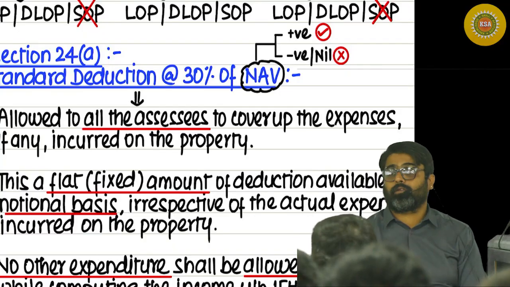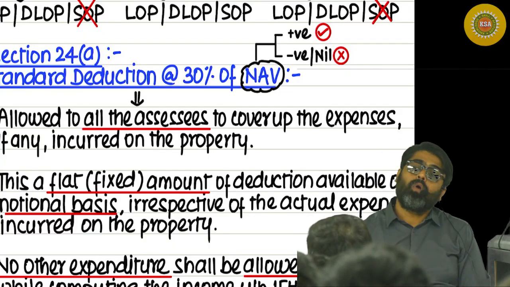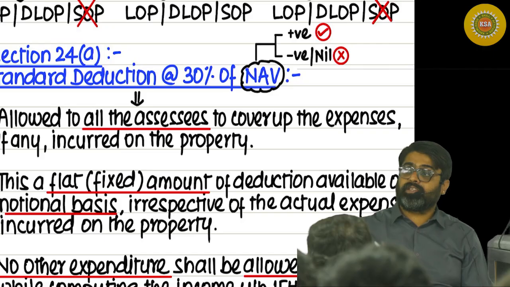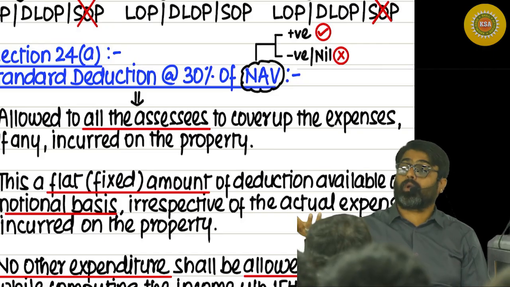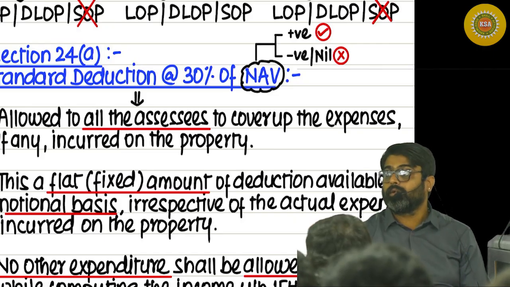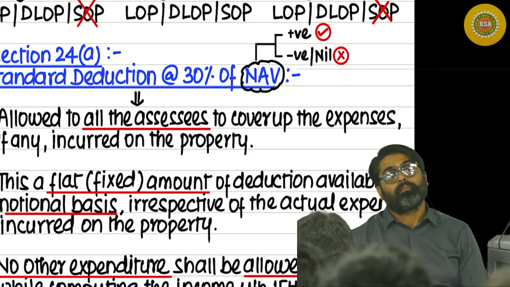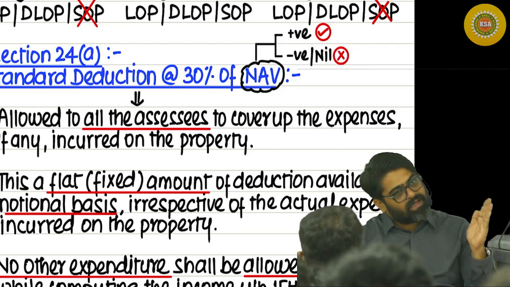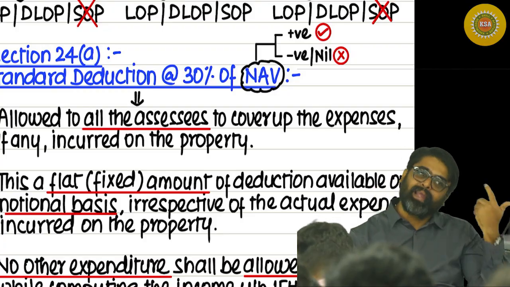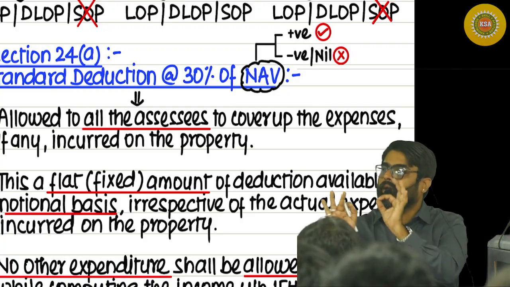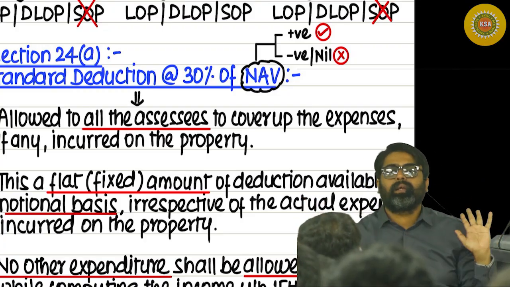Now somebody will ask that, sir, what if my expenditure which I am incurring on the property is more as compared to 30%? Still you are going to get 30% only. Why? Because even if your expenditure is less or you are not incurring any expenditure, still you get flat 30% standard deduction.